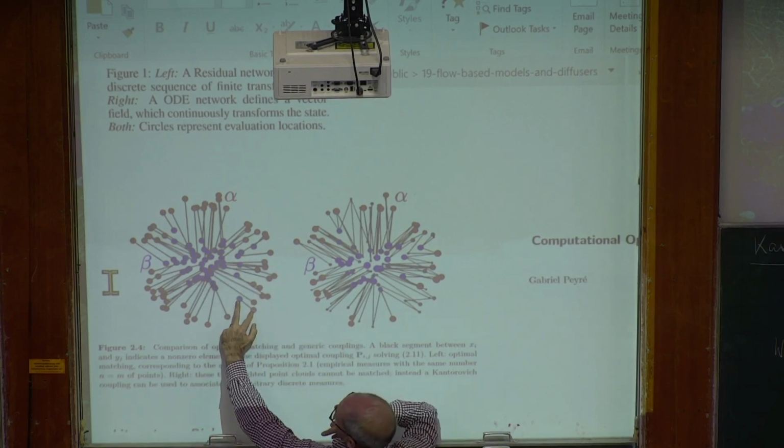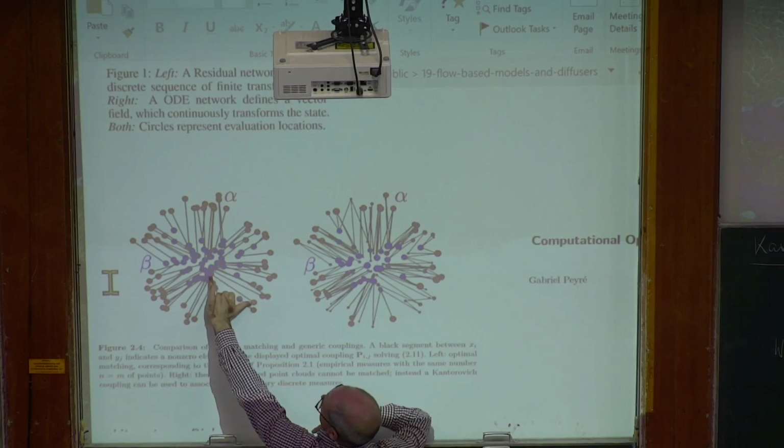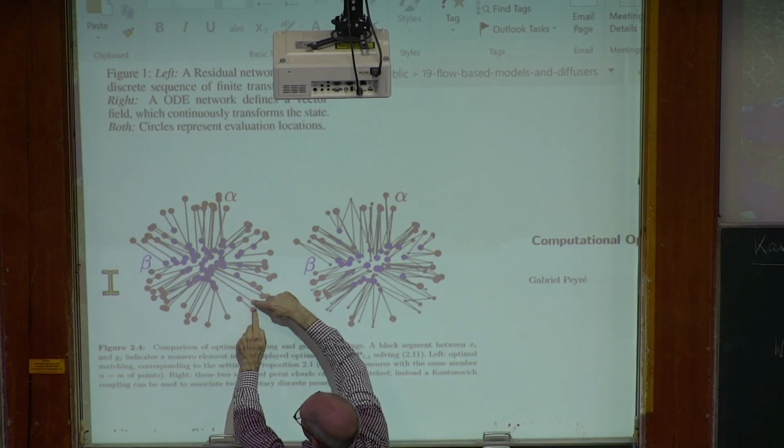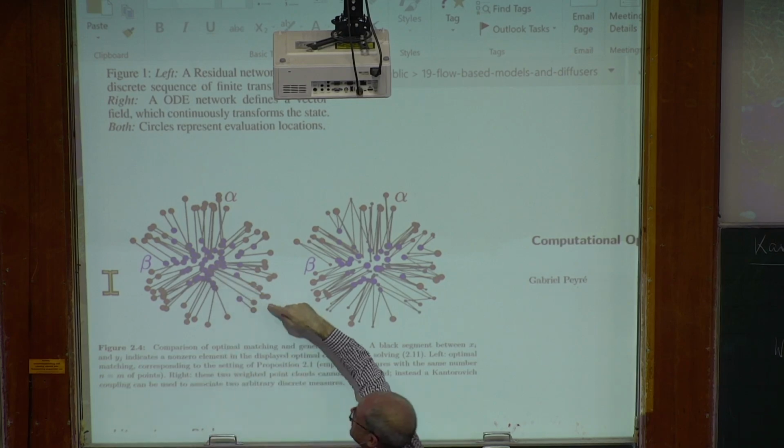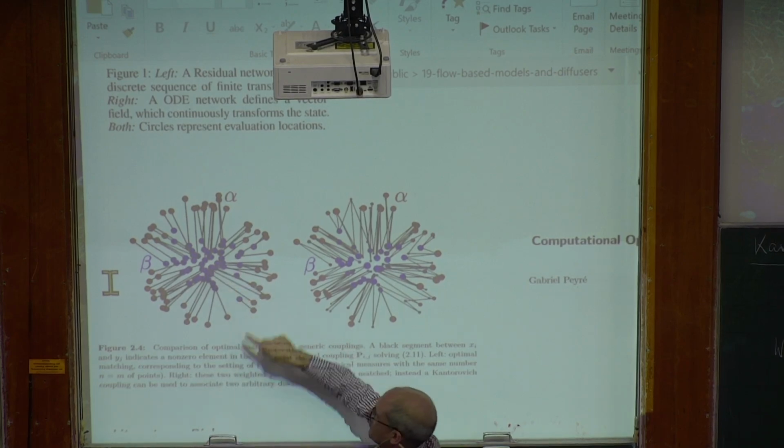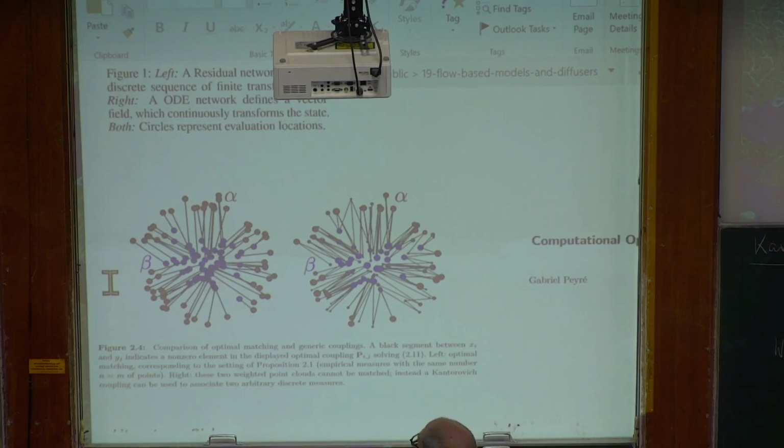So this one has to cover a short distance, that one has to cover a long distance. So as t goes from 0 to 1, this one will move a lot further than that one. And in optimal transport, these connections are always straight lines.